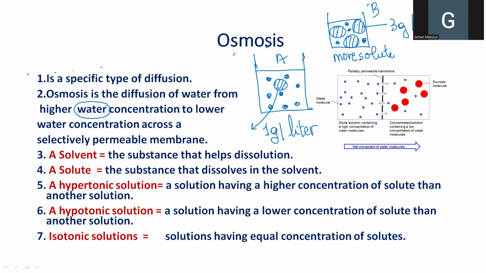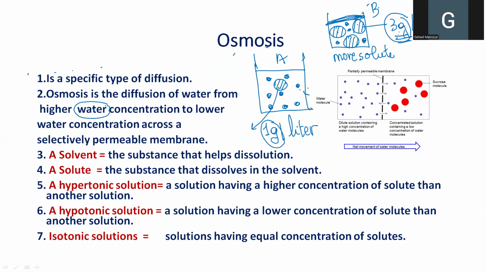If we are talking solute-wise, this solution B is more concentrated than solution A, because if we keep the volume constant, for example, 1 liter, we will have more solute particles per unit volume.